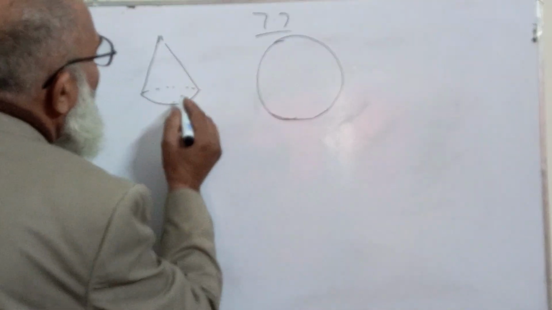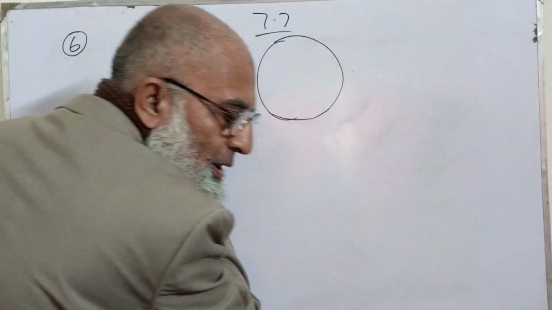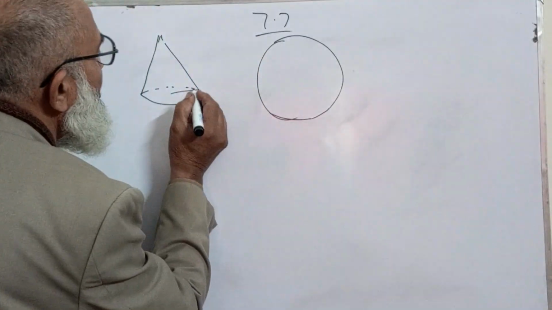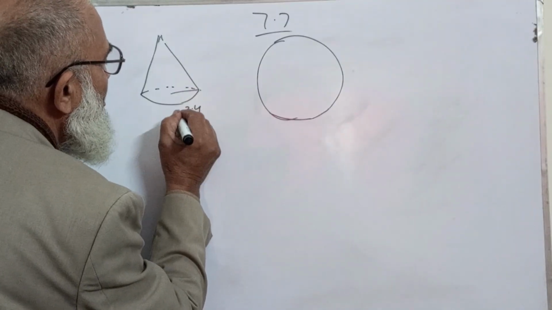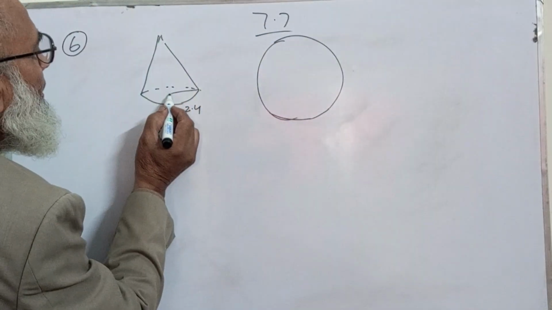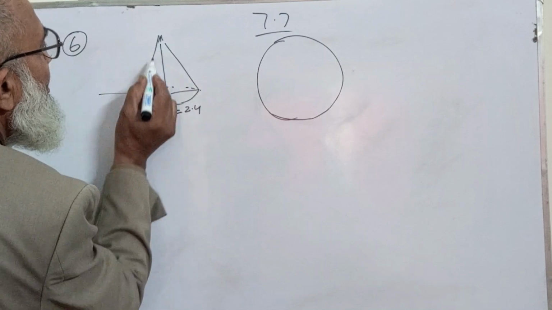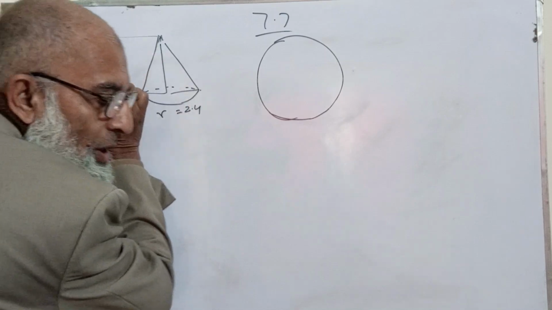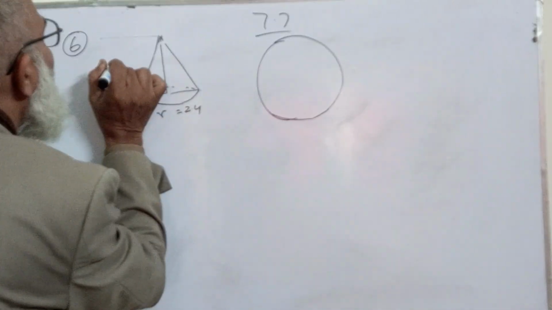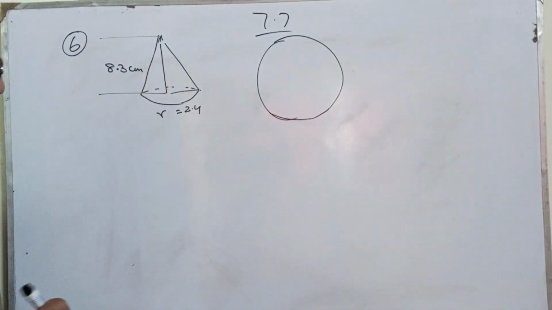The radius of this cone is 2.4 centimeter. 2.4 is the radius, and this vertical height is 8.3 centimeter.